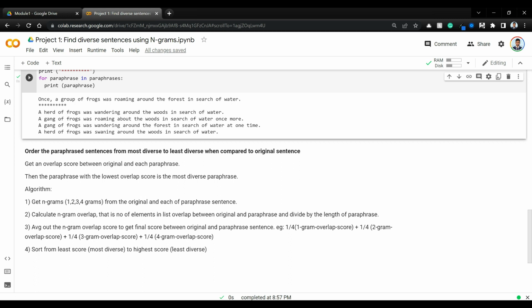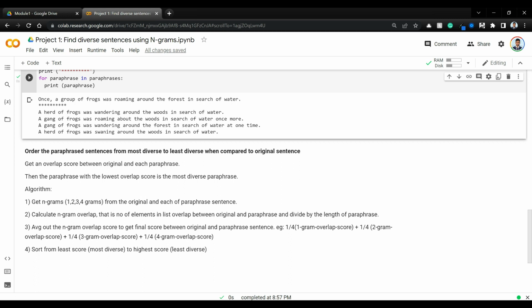So the first thing is to get n-grams from the original sentence and the reference sentence. Now calculate the n-gram overlap of the reference sentence when compared to the original sentence. For example, let's take unigrams. You will just compare how many individual words are present in the original sentence as well. Let's say 4 words from this sentence are present in the original sentence.